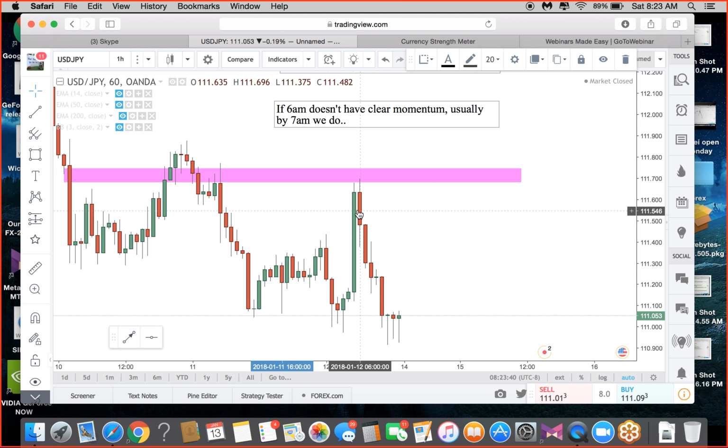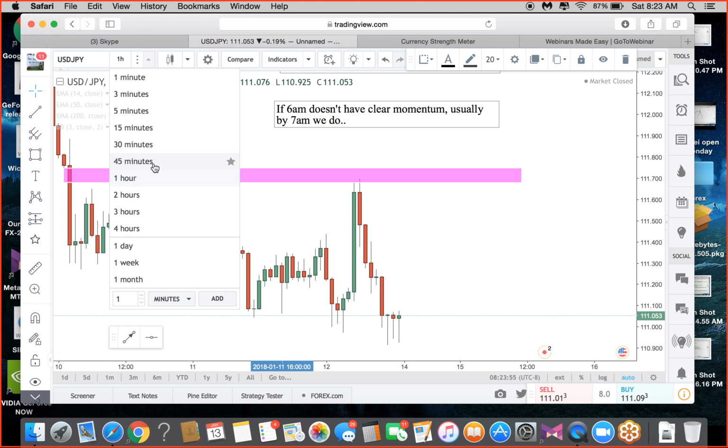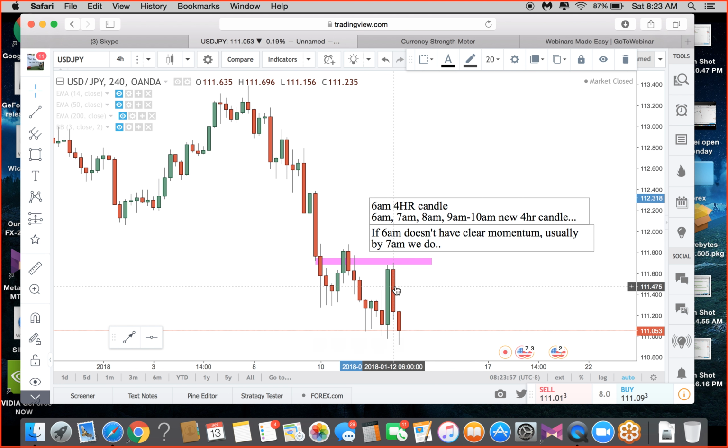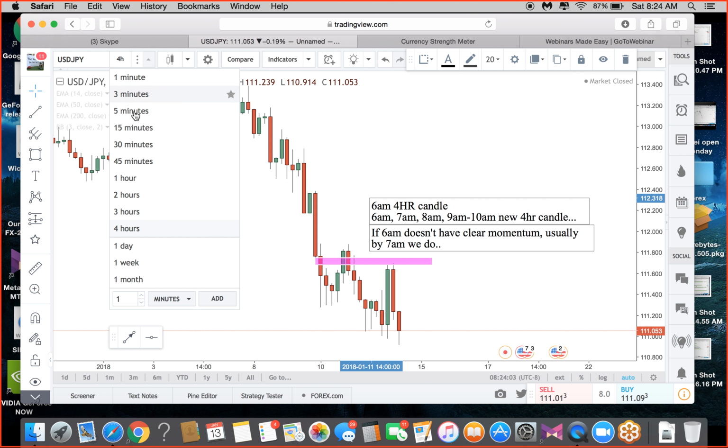If I didn't know what to do in that hour, let's just see what the 1 hour looked like afterwards. You just follow the momentum, right? Because you can see how we come up, we hit a resistance, now we're continuing down. The 4 hour time frame would have been looking just a little bit bearish right here.